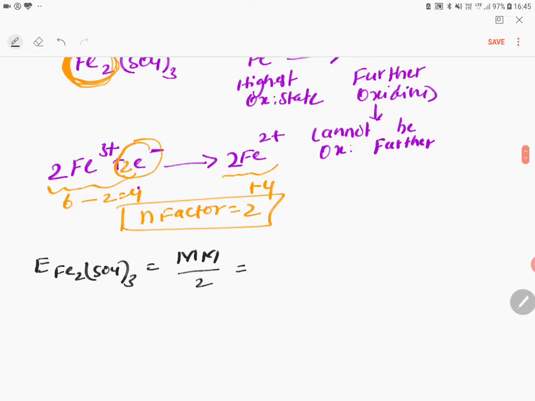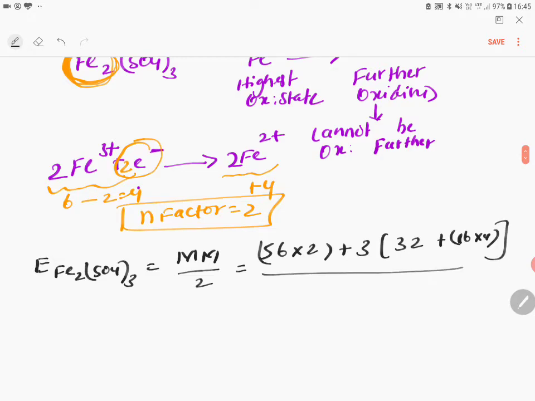Molar mass of ferric sulfate is 56 into 2 plus, for sulfate we calculate in total. 3 sulfate ions are there, so 3 into 32 for sulfur, and oxygen O4 is 16 into 4, 64, divided by 2.